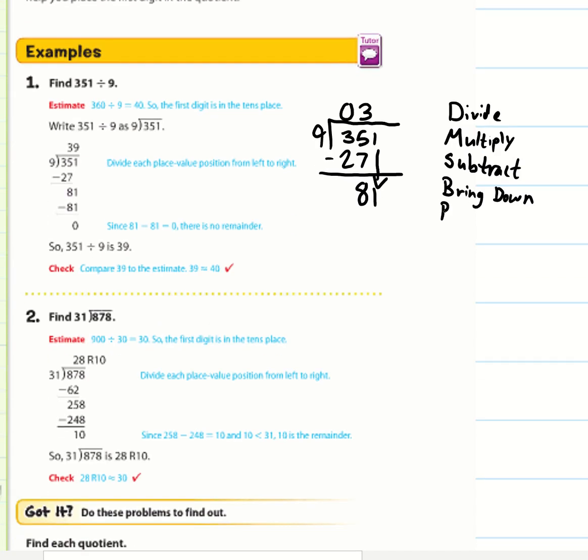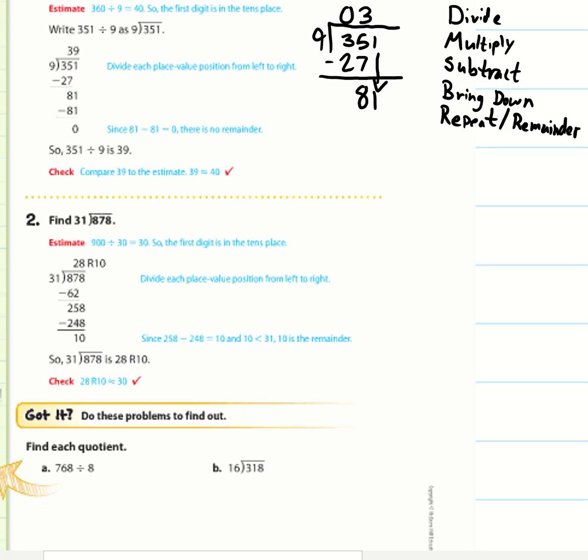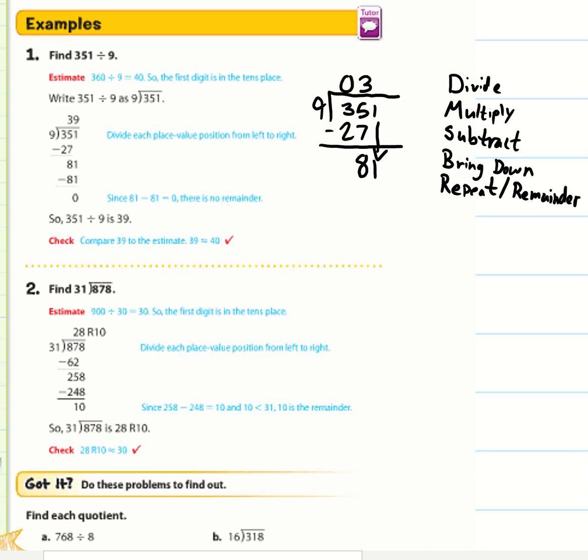And my R is going to stand for 2 things. It's either going to be repeat or remainder. I'll go over repeat and remainder in a minute. We're going to repeat because we still have numbers to work with.